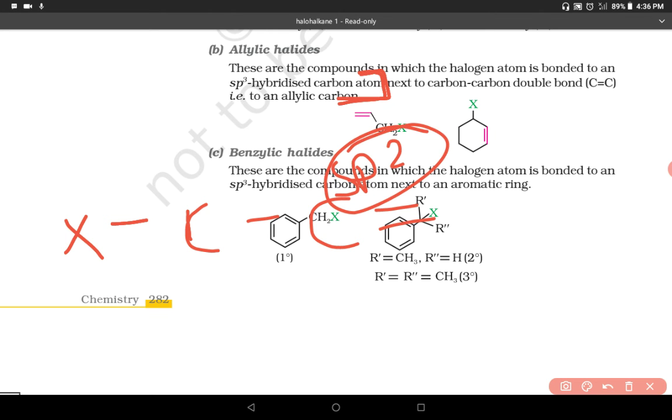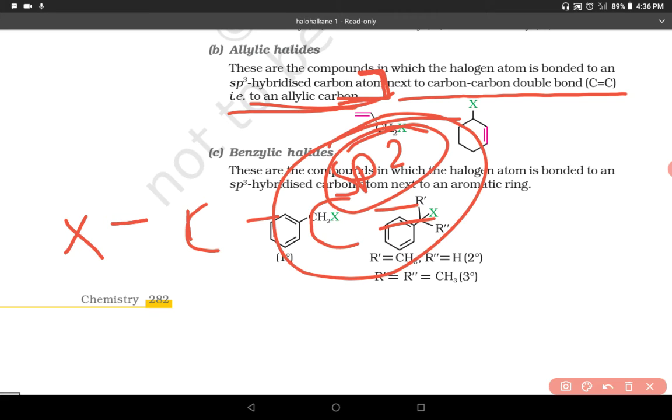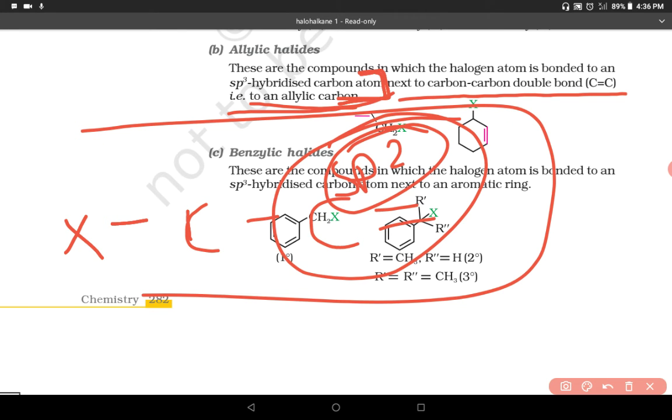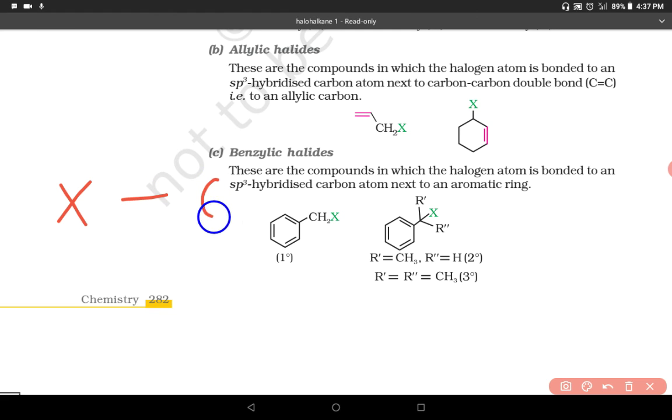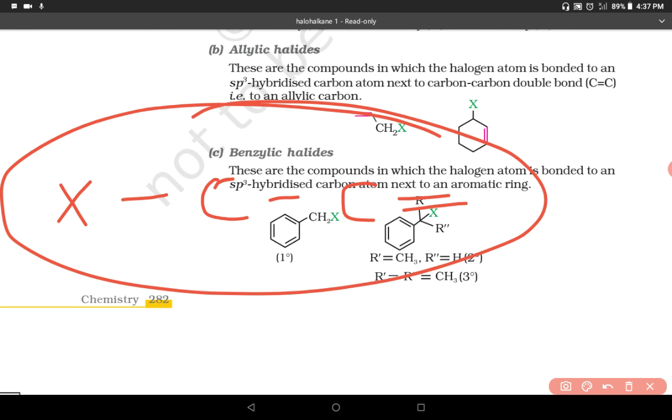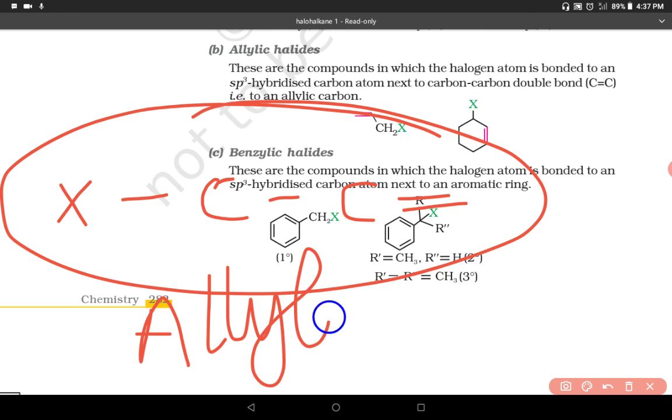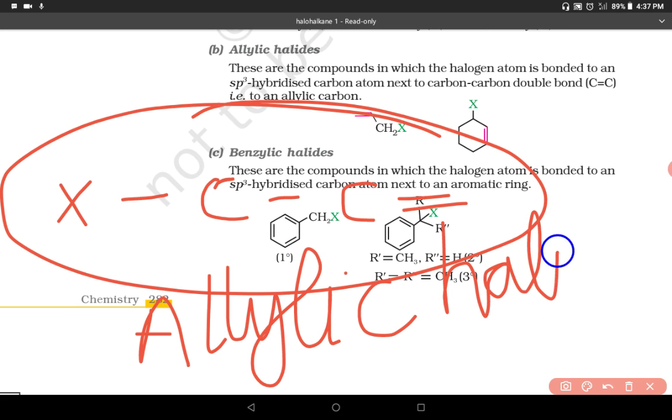That carbon is an allylic carbon, so you can say that this is an allylic halide. When halogen is attached to an sp3 hybridized carbon, but that carbon is attached to the double bonded carbon, this is called an allylic halide.